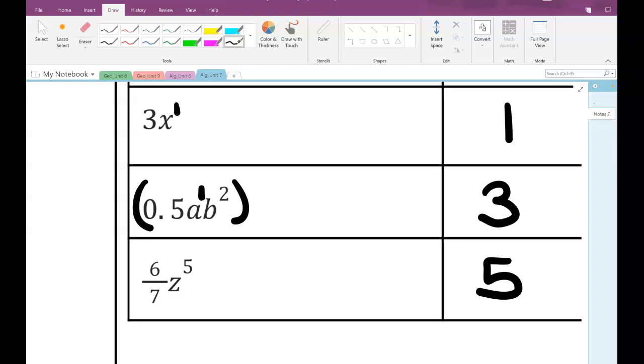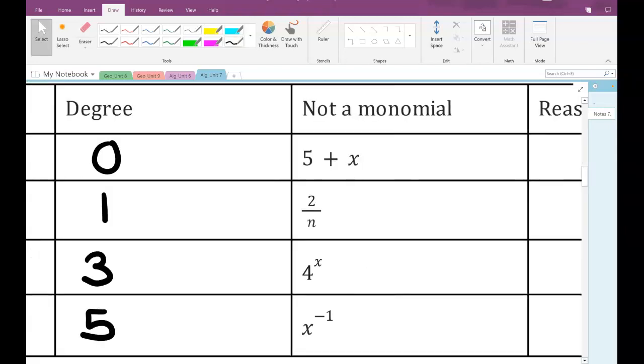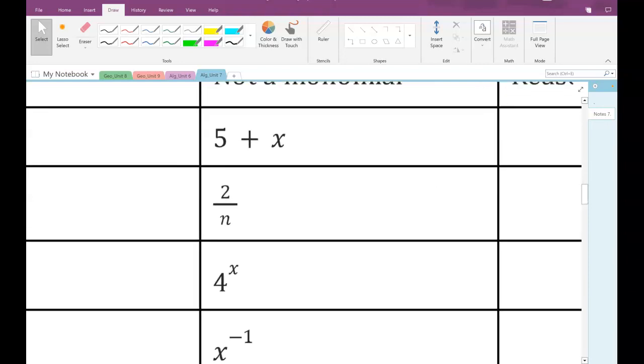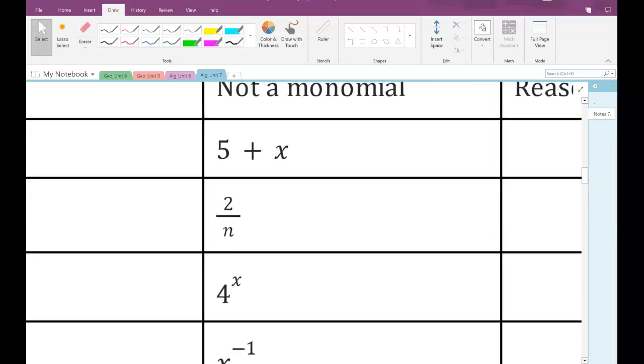In the other column to the side, we're now going to give reasons why the ones in the column that says not a monomial are not monomials. So for our first example, we have 5 plus x. This is not a monomial because we have addition. If you have a monomial, your numbers and your variables are only being multiplied together.